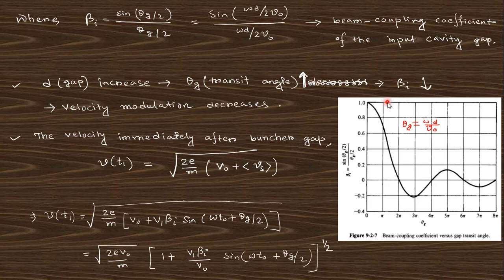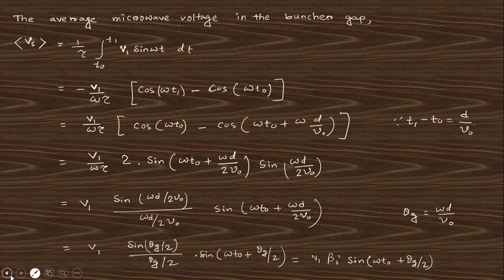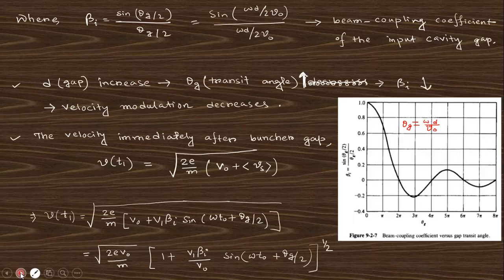Okay. You can see here, if you increase the value of d, the theta g also increases. If theta g increases, then beta i will decrease.